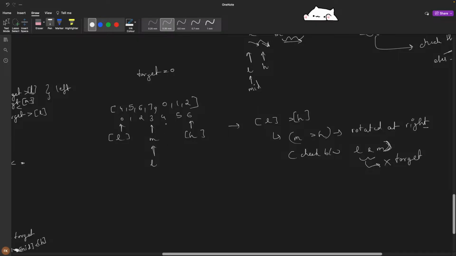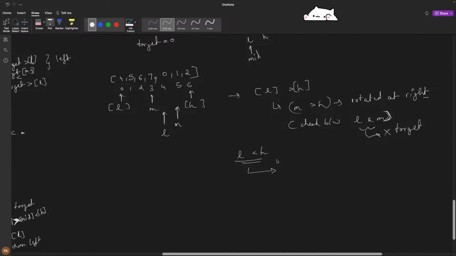Then in here 9 by 2 is 4, that is 8. I'm gonna get it in 1 second. Low here still stays there, 10 by 5. M is here. Now I see low is less than high. It is normal binary search.